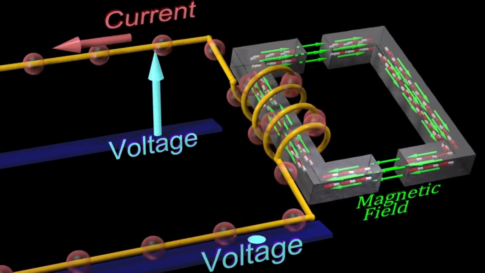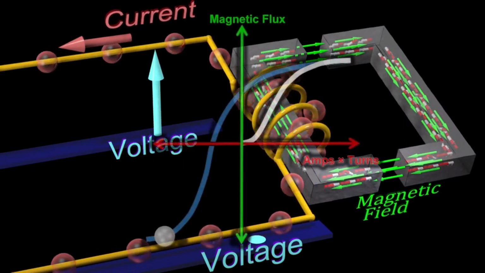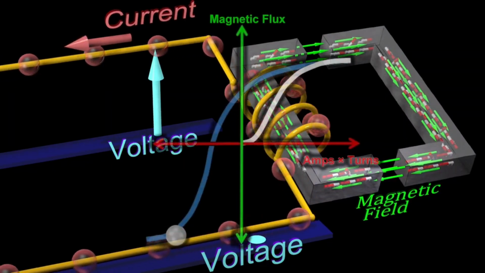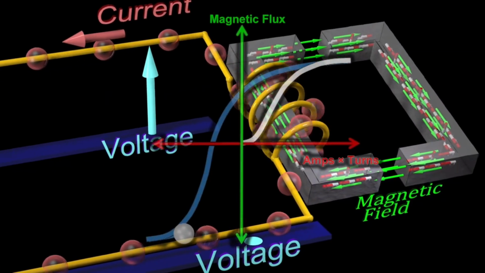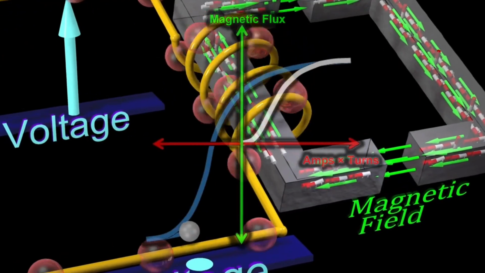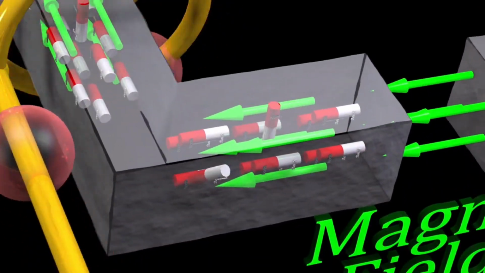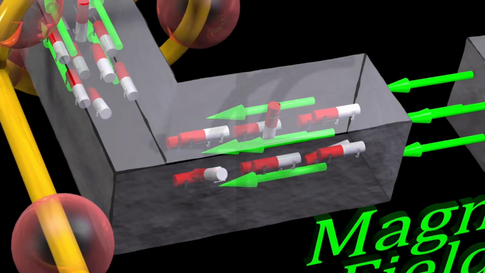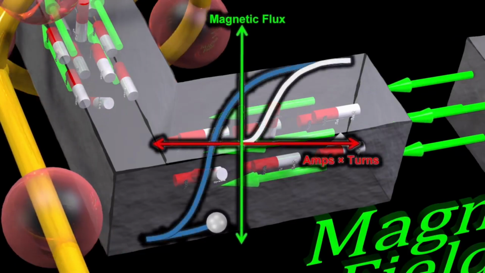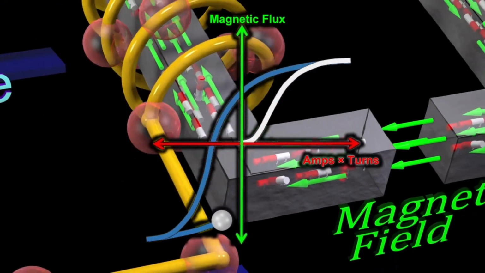If we reverse the direction of the voltage again, we will again reduce the percentage of magnets aligned in the same direction. The strength of the magnetic field multiplied by the size of the material's cross-section area is what we call magnetic flux.